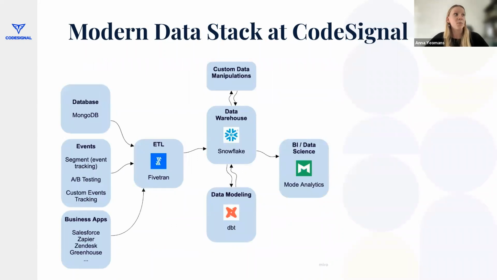So here's our modern data stack at CodeSignal, just like some of the technologies. We don't have space to list all of them, but our raw data is coming from very different sources. So from like a product database, we have some custom and not very custom events tracking. We have some business apps that come from a variety of places.